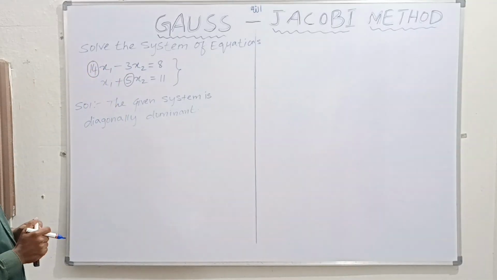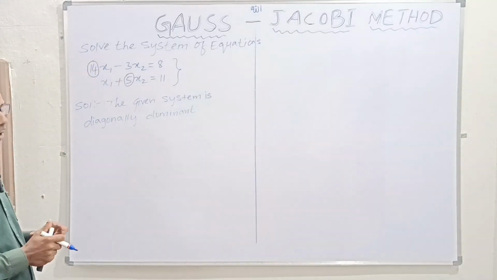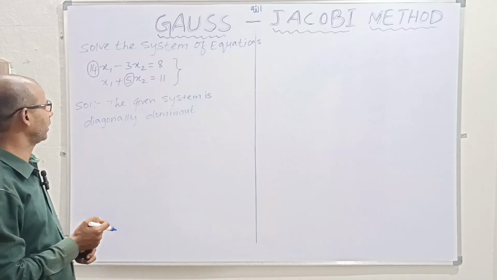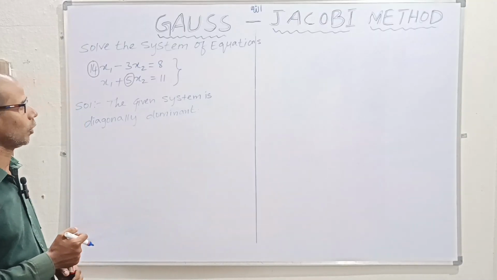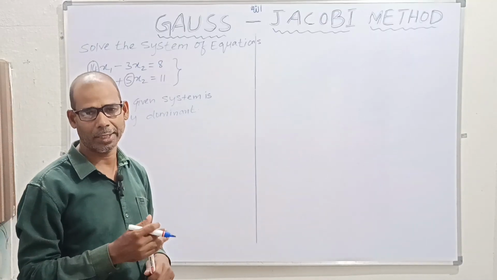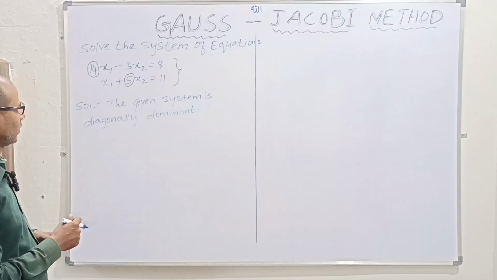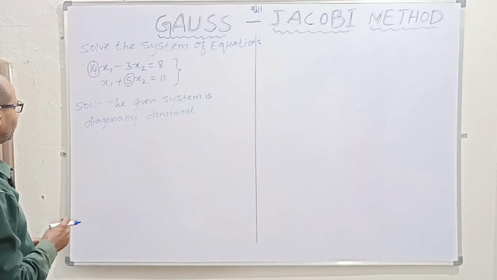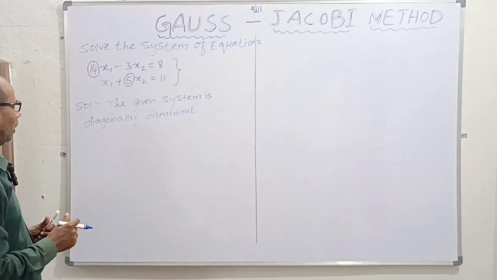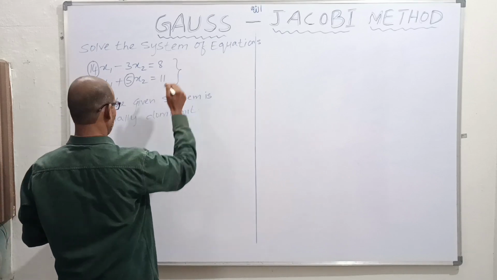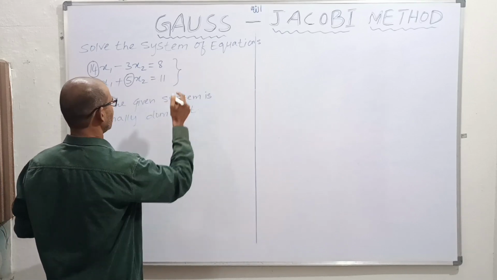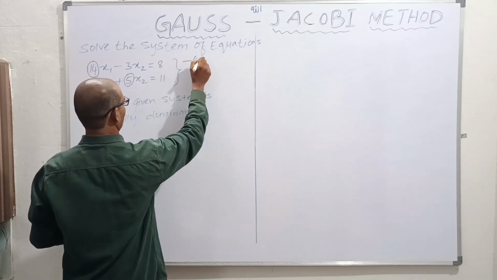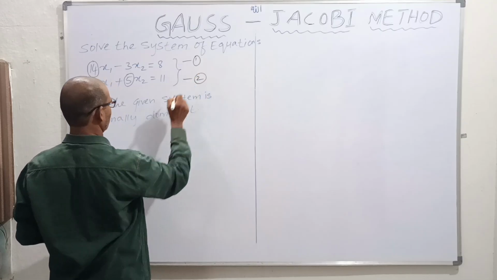When the given system is diagonally dominant, we use the method called the Gauss Jacobi method, or Jacobi iteration, to solve the system of equations. So let us consider these as equation number 1 and 2.